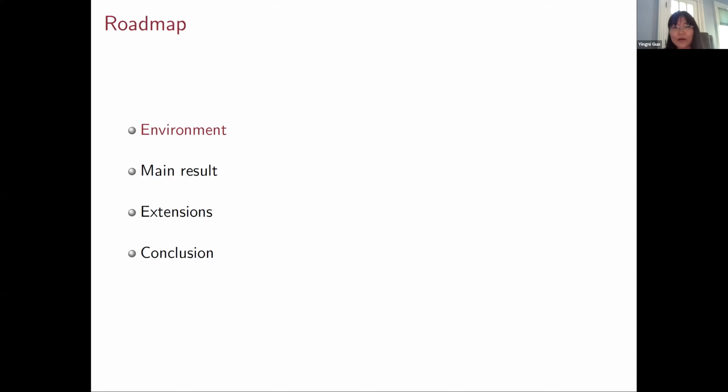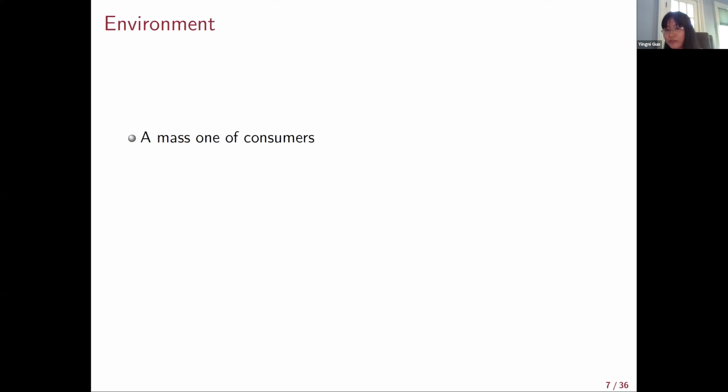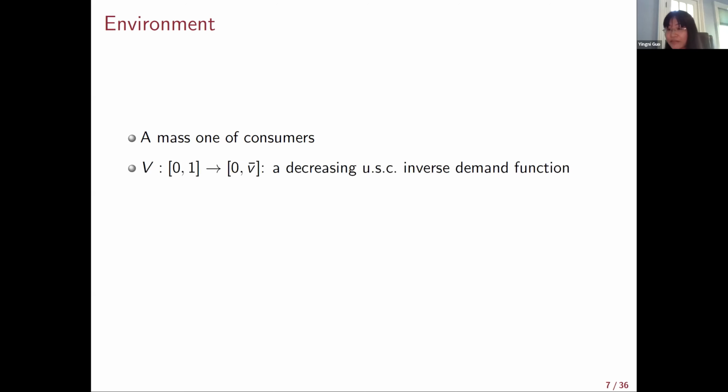Okay, now we have a monopoly firm and a mass one of consumers. The demand function of the firm is given by V, which is a mapping from the unit interval to [0, V upper bar]. So V bar is the highest value that a consumer can have for the firm's product.